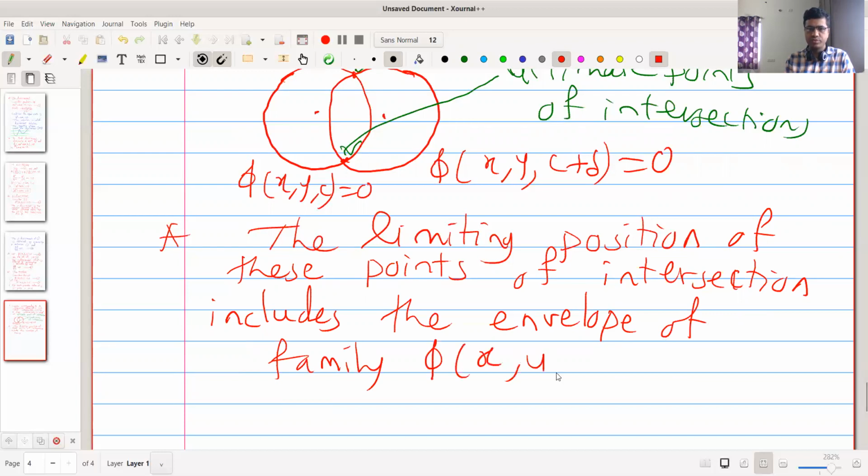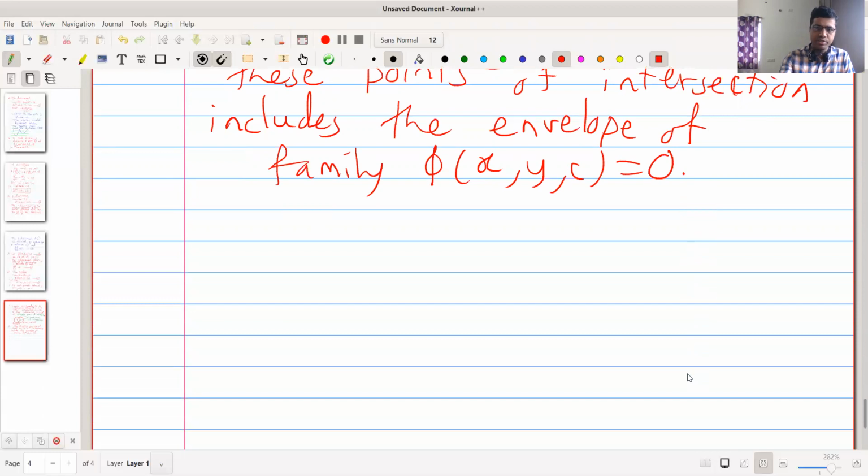The family is phi of x, y, c equal to 0. Now, envelope means the curve which should touch each member of the family.